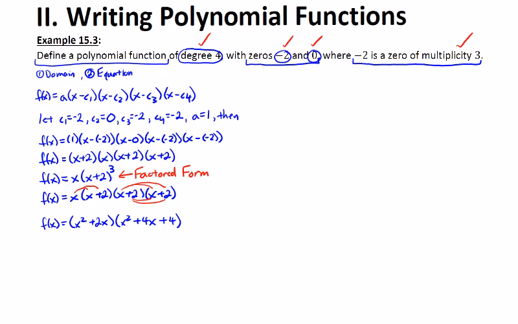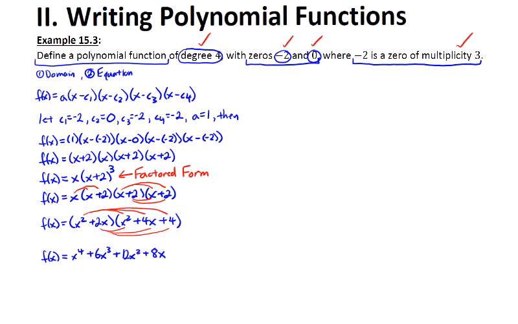I want to take it further by multiplying x squared and 2x by x squared plus 4x plus 4. That requires us to do 6 distributions, and you'll also need to combine like terms. I already have the result of that. It is going to be x to the 4 plus 6x cubed plus 12x squared plus 8x.